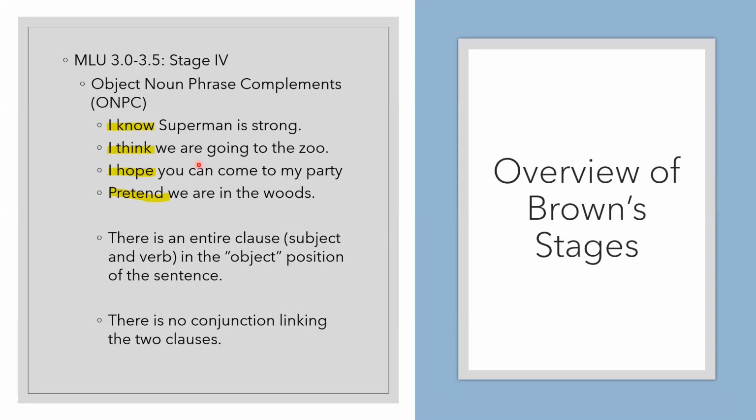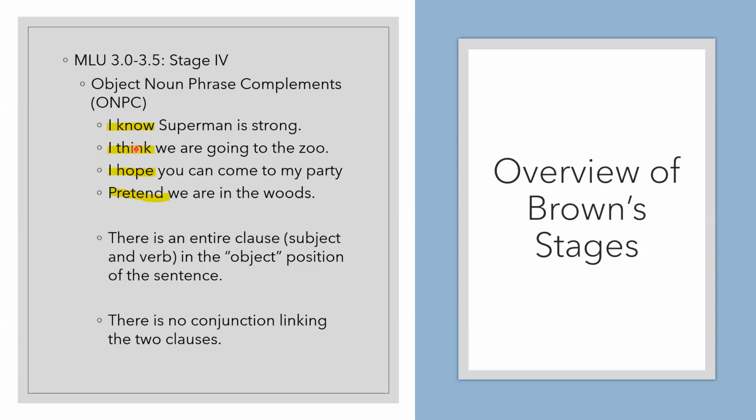So what you're looking for are the two verbs. So know, think, hope, pretend. Those are all verbs. And then you have the rest of the verb, the second verb structure.